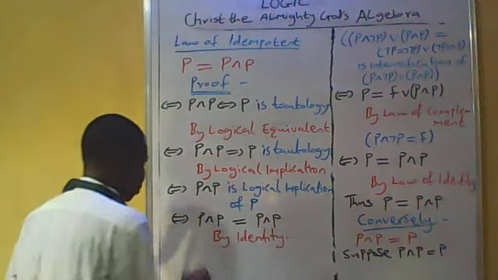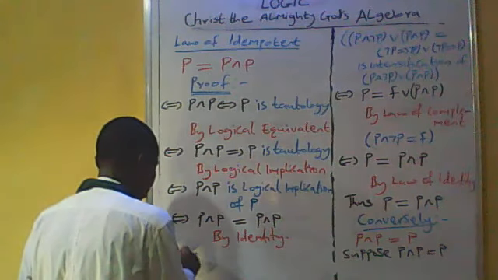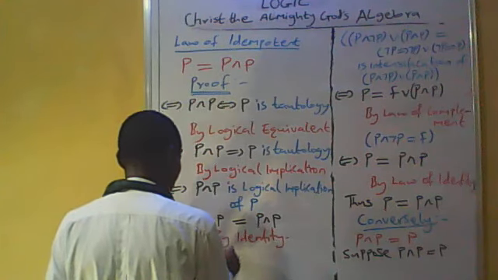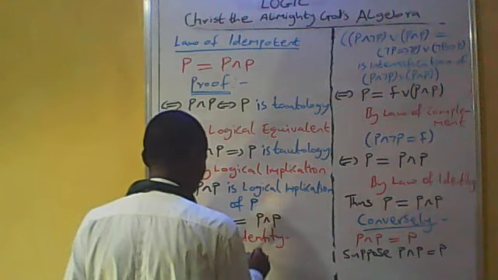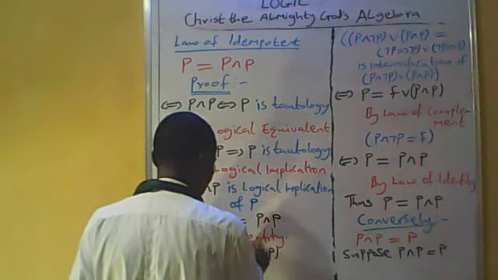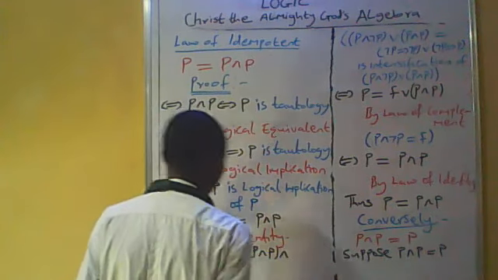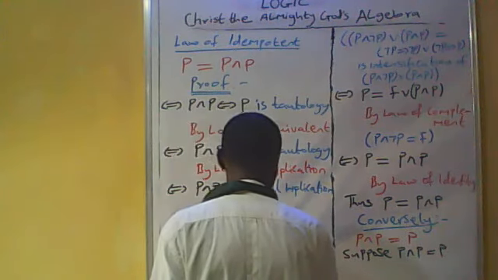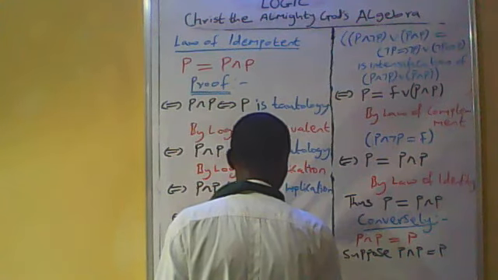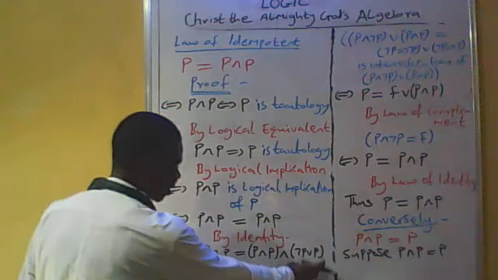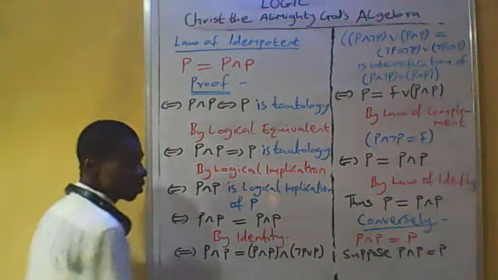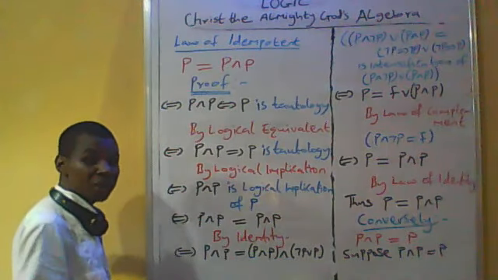Say if and only if P and P is equal to P and P and bracket not P or P. We have now added a tautology to this statement, and it is the same thing as P and P. Because whenever a tautology is conjoined with any term, it gives that term.